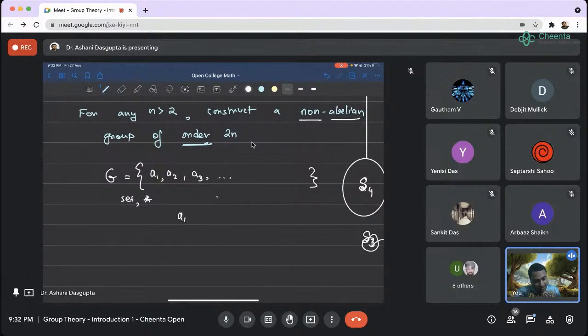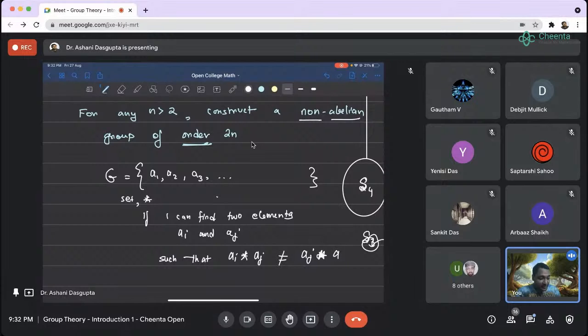So A1, if I can find two elements, AI and AJ, such that AI star AJ is not equal to AJ star AI. If that happens, we say that the group is non-abelian, not commutative.